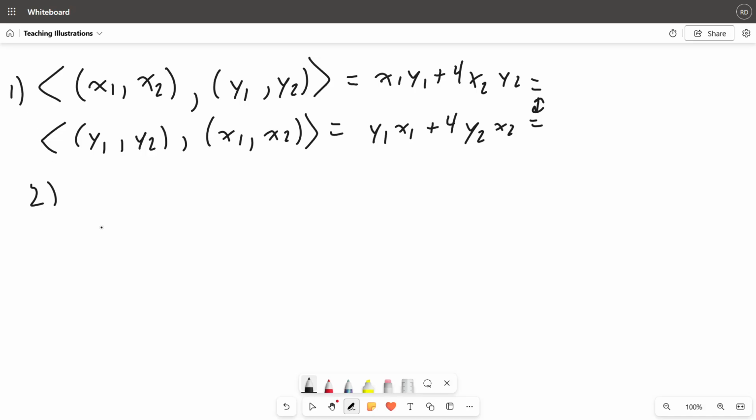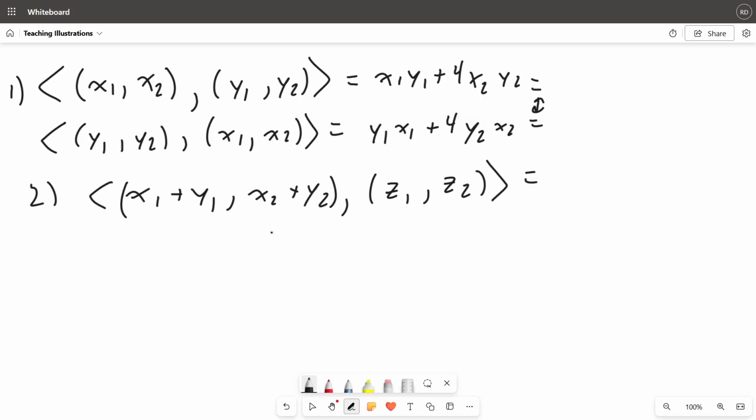For part 2, we've got that additive property. So we say <(x1 plus y1, x2 plus y2), (z1, z2)>. This is a vector, comma, z1, z2.